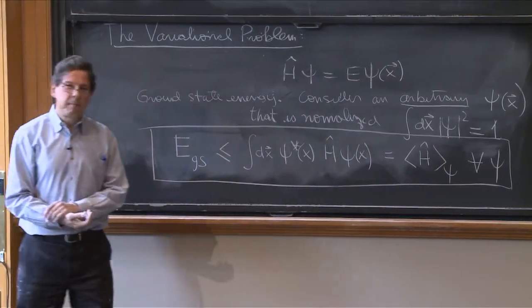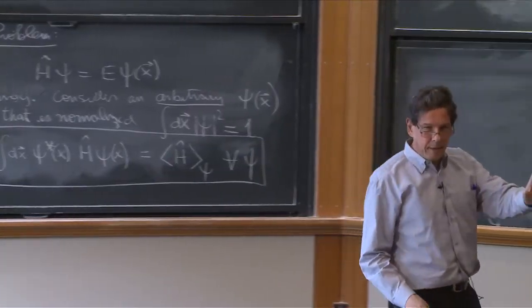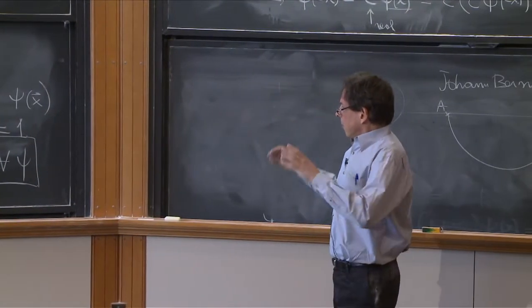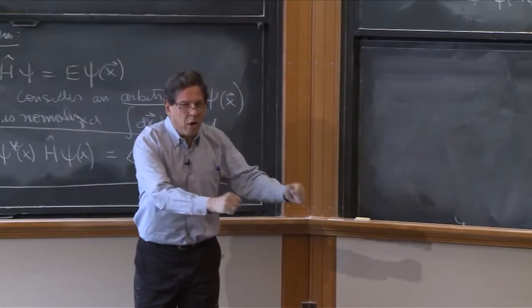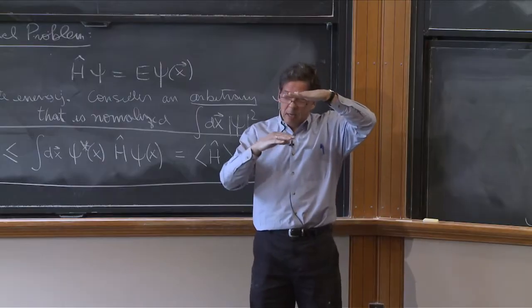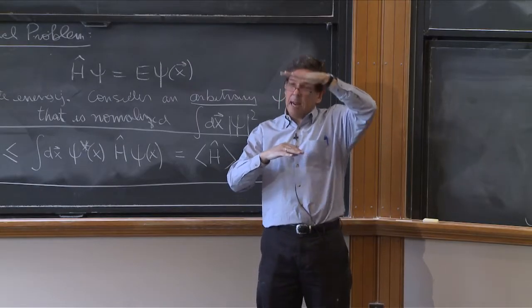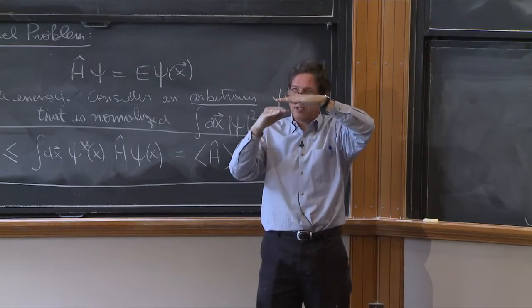So let me try to make sure we understand what's happening here. Here it says, you don't know the ground state energy, but you're going to learn something about it. Something that is interesting is if you know that it has an upper bound. So the ground state energy is definitely not higher than this one.